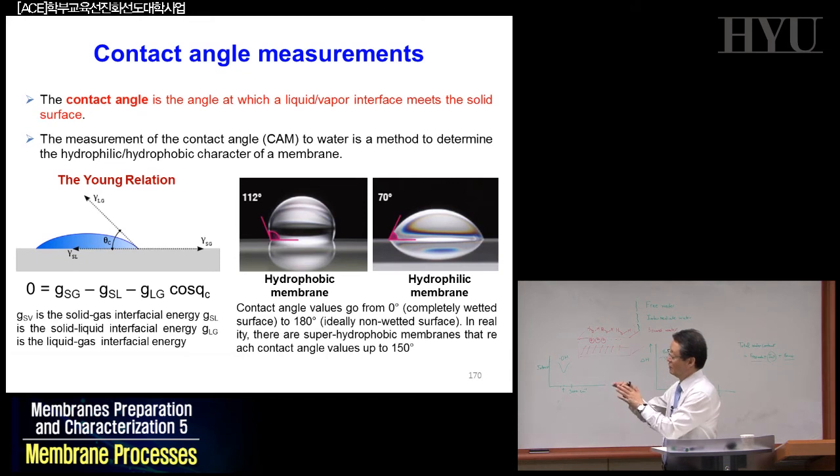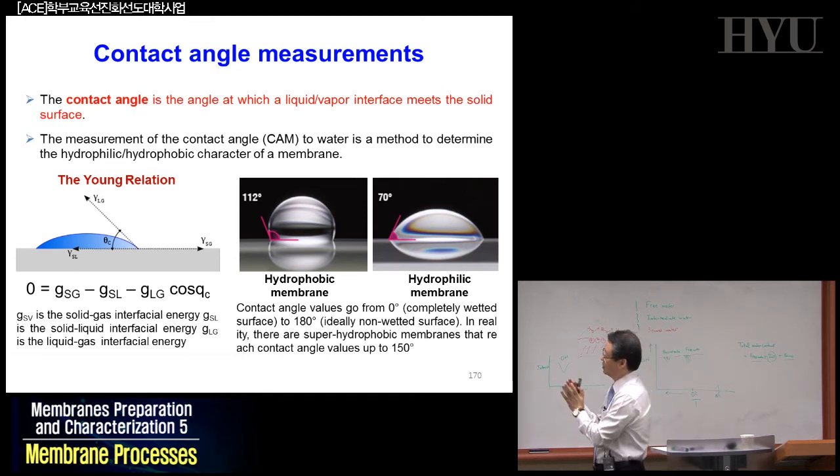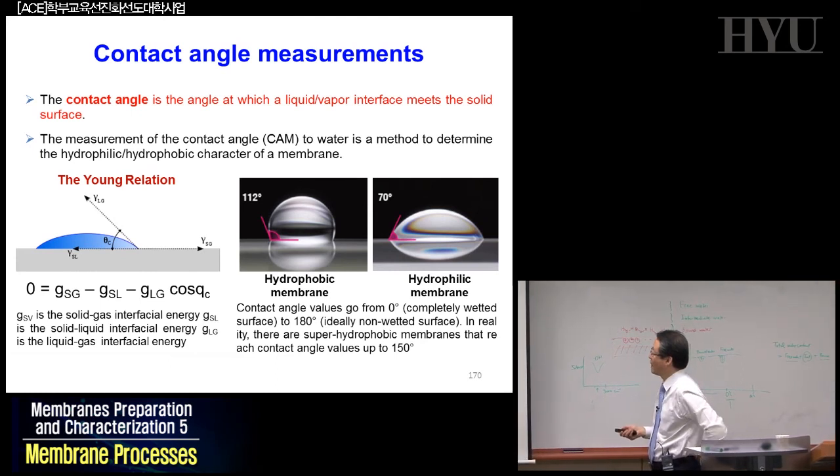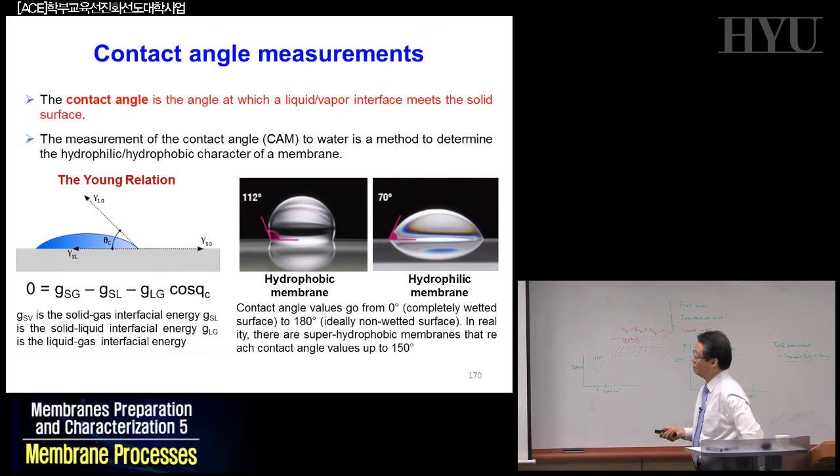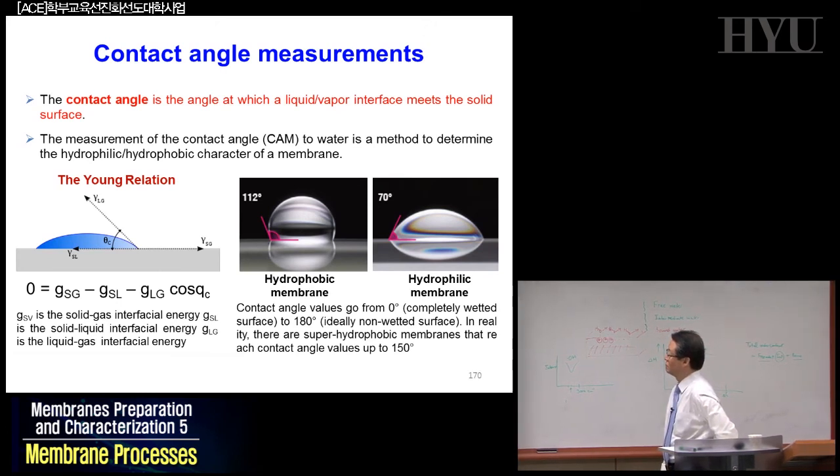If you have a larger contact angle, then the membrane is more hydrophobic. We have dynamic contact angle measurements, and using Young's equation you can also measure the contact angle.